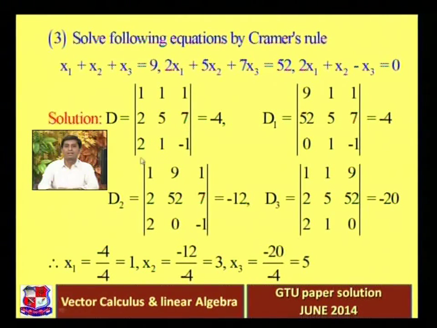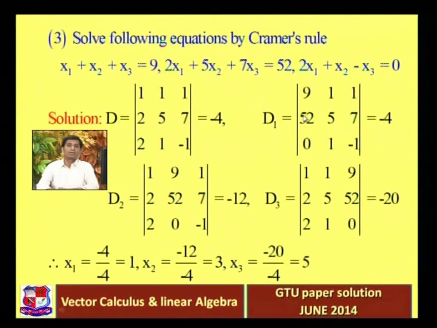So minus 16 into minus 1, so plus 16. Minus 12 plus 16, so that is 4. And then plus 1 into 2 minus 10, so that is minus 8. So 4 minus 8, that is minus 4. Clear? Similarly, you can find D1: 9 1 1, 52 5 7, 0 1 minus 1.